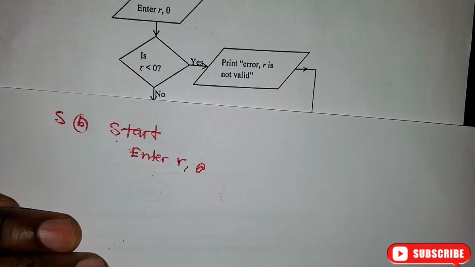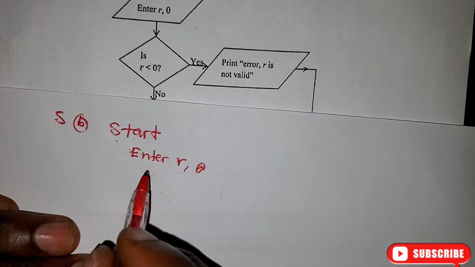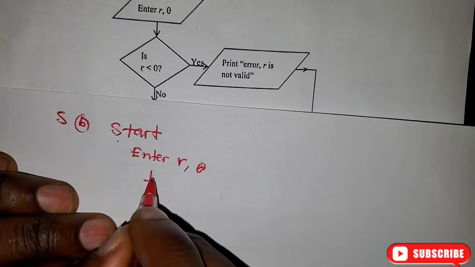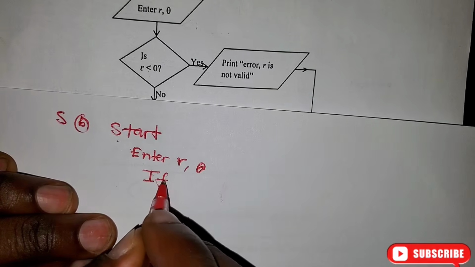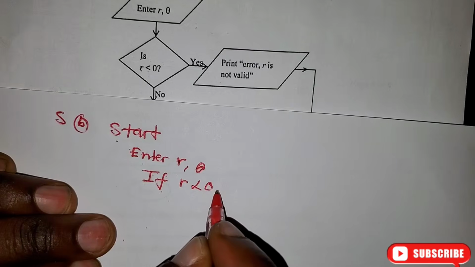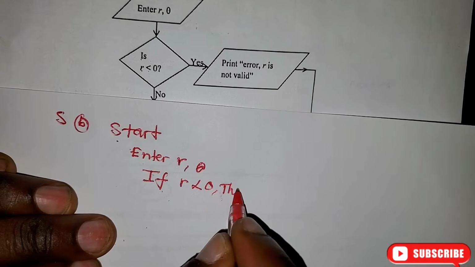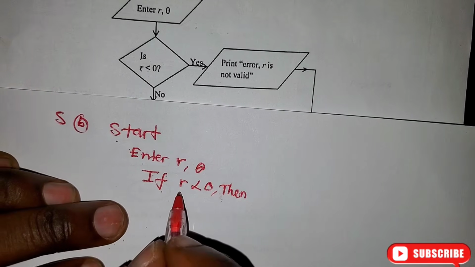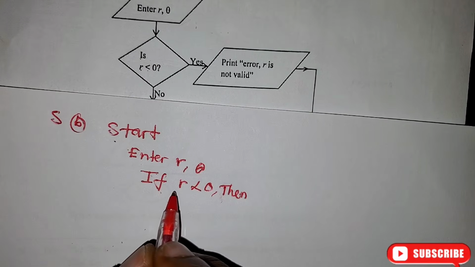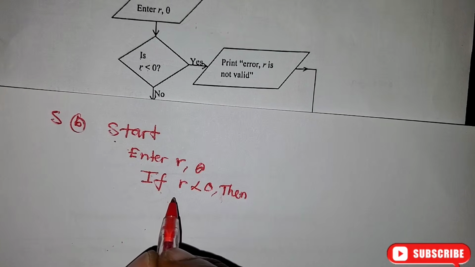Okay. Now to write as a pseudocode, you write as is changes to if. So you say if r is less than 0, okay, then, it's a condition, the if here is a condition, so there are two possible answers. It's either yes or no, okay.